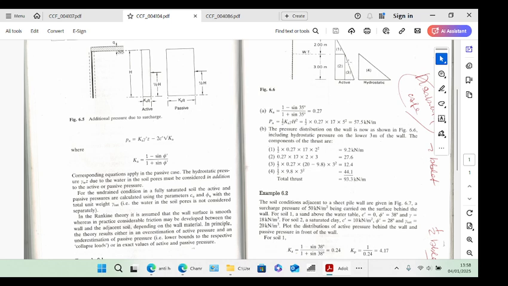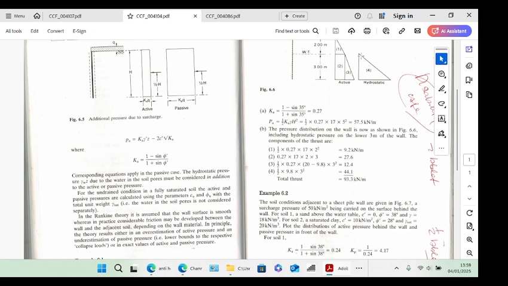For triangle number 3, the pressure at the base is Ka times unit weight times height, which is 0.27 times 11.2 times 3, and the area of that triangle is half times 0.27 times 11.2 times 3. So that whole equation, half times 0.27 times 11.2 times 3 squared, equals 12.4.